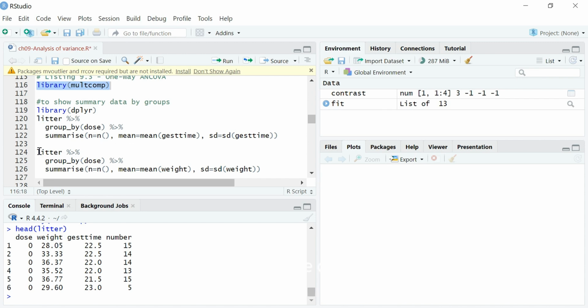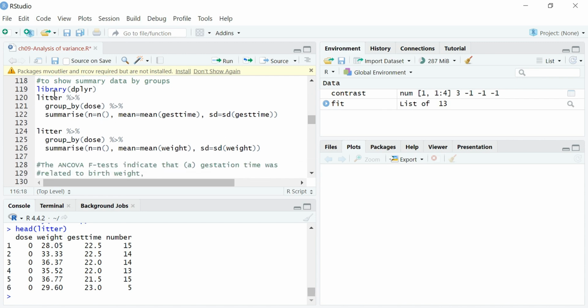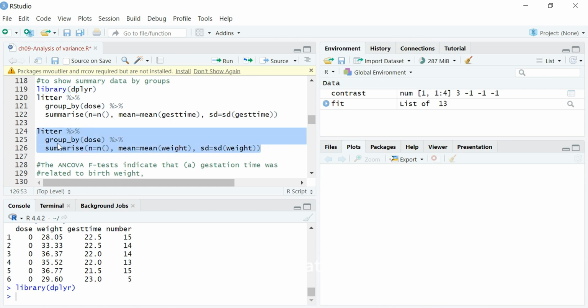Then, for example, we can show some summary information. We load the dplyr package because we will group the litter data frame by dose, since this is a factor, a categorical variable. Then we use the summarize function from dplyr to show how many observations are in each group, and their mean value and standard deviation for the weight.